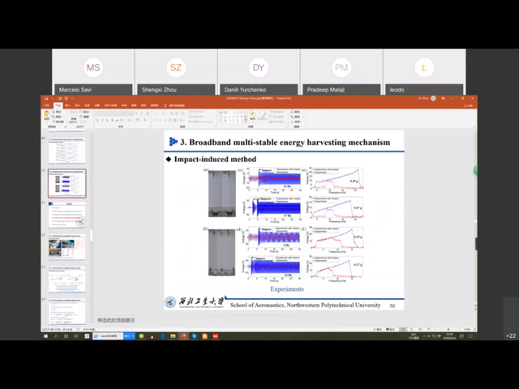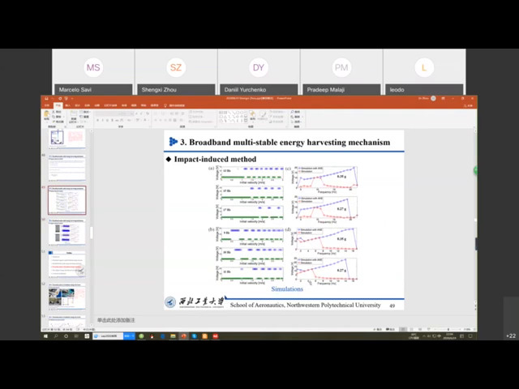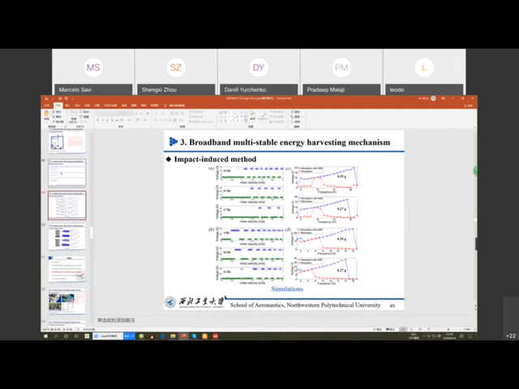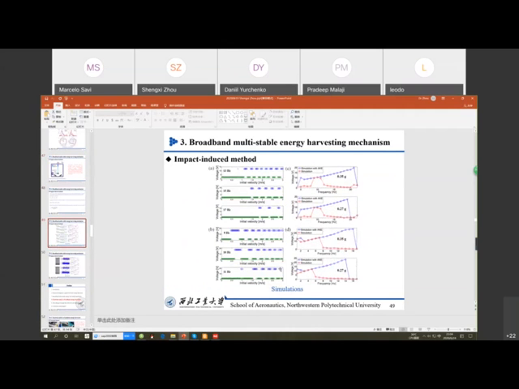That means I make the simulation like this. I care more about the initial velocity, so I just consider the initial displacement as 0, and I just change the velocity and found this picture.